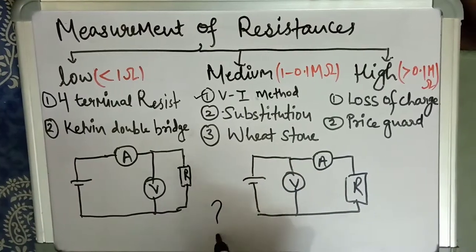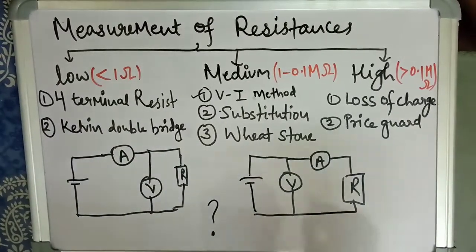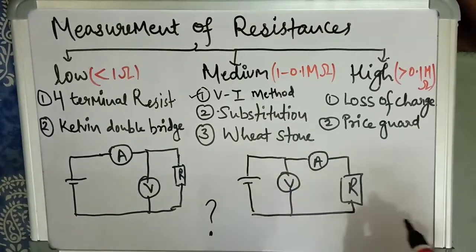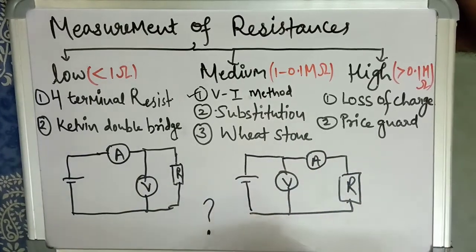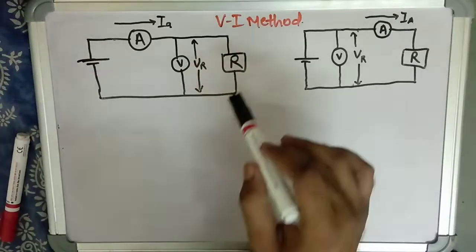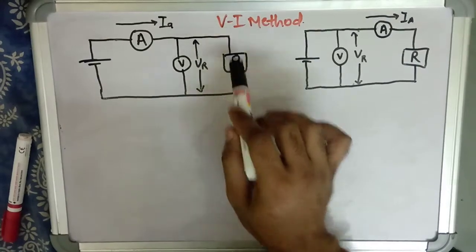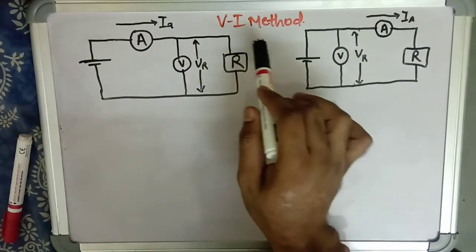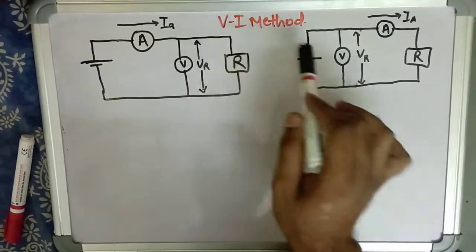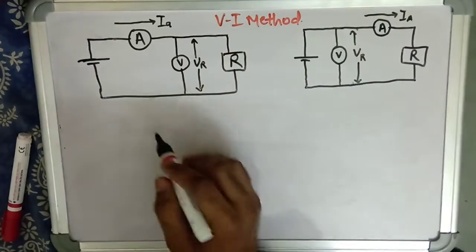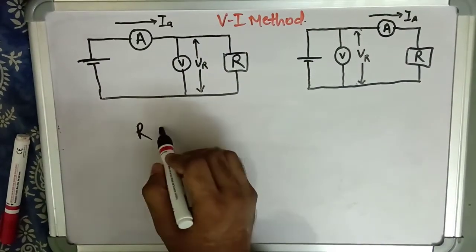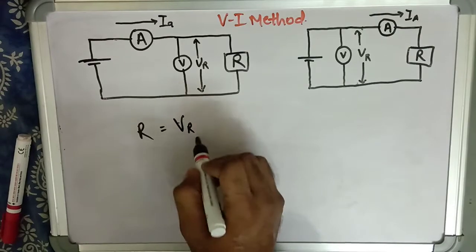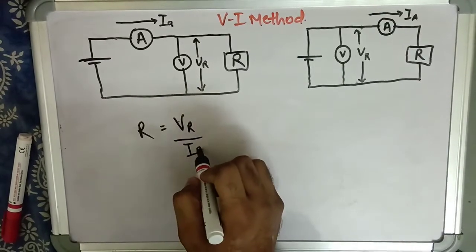Which method is correct, we will study further. As we studied, these are two circuits which are used in the VI or voltmeter ammeter method. For the VI method, we have R equals VR divided by IR.